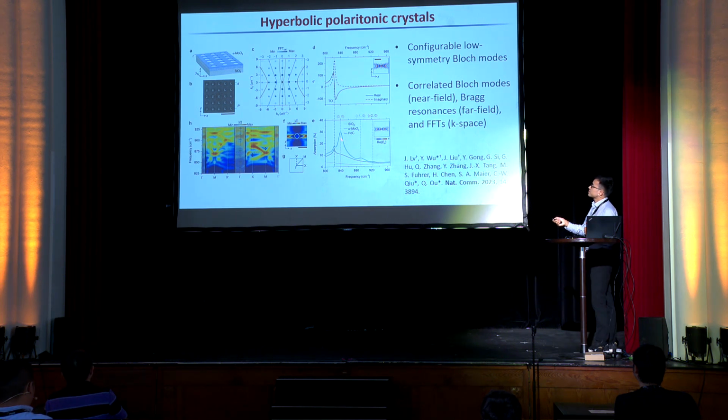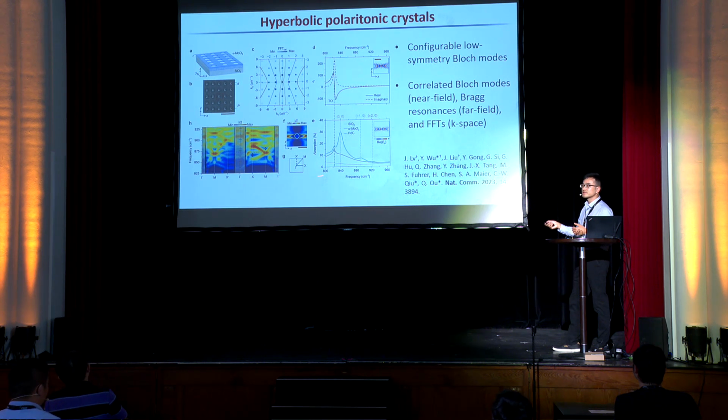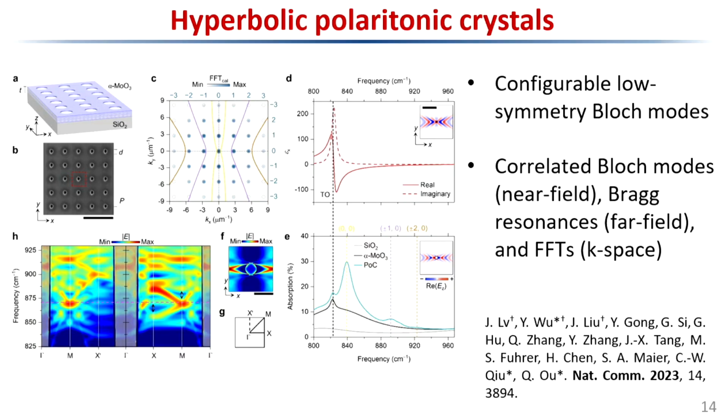Another thing is, with this in mind, we can exactly assign these Bragg resonance peaks to those modes excited in the photonic crystal, right? So it's a kind of correlative analysis. I think it's quite good.